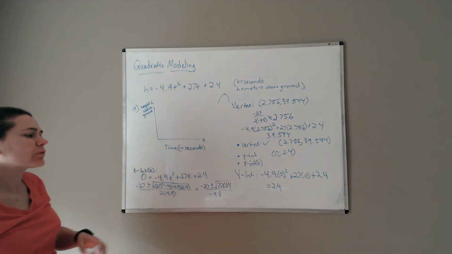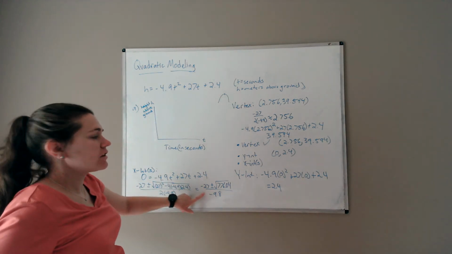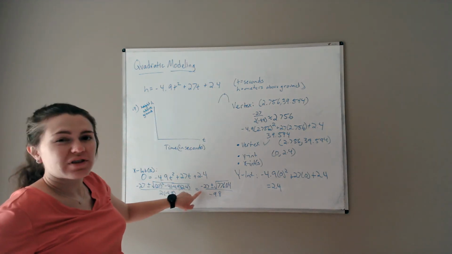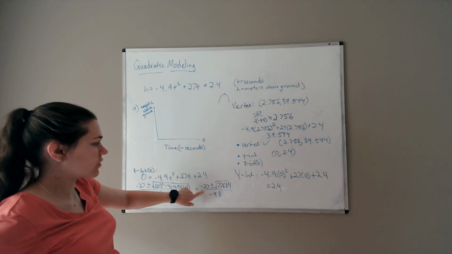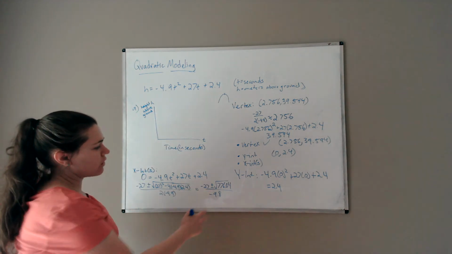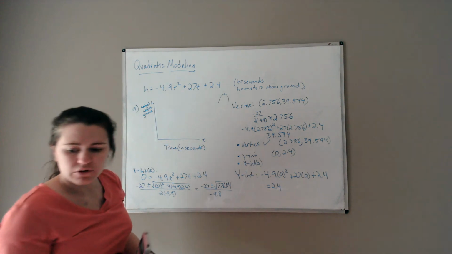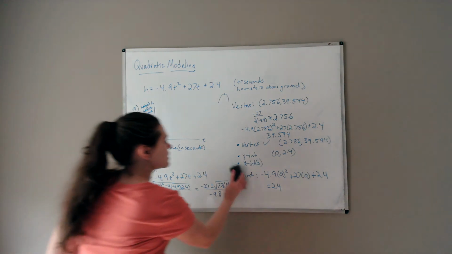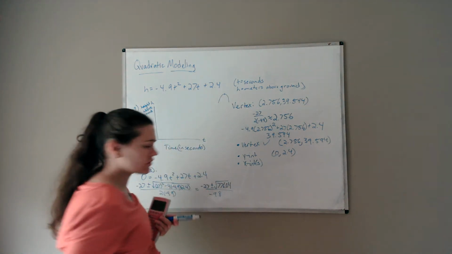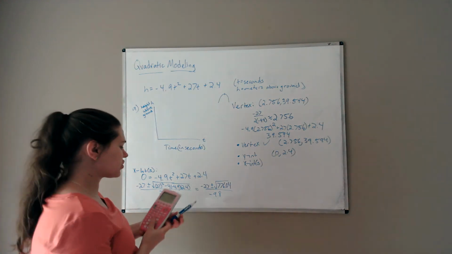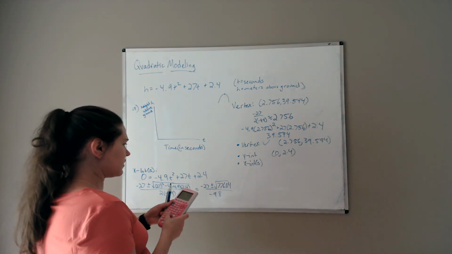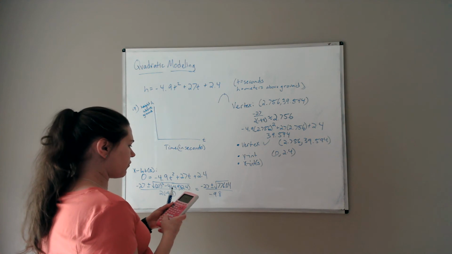Now for us, if we have to interpret these values and put them on the graph, it is very hard to graph these. So we want to round these values. So let's go over making sure we can round these. First we just round what the square root of 776.04 is.